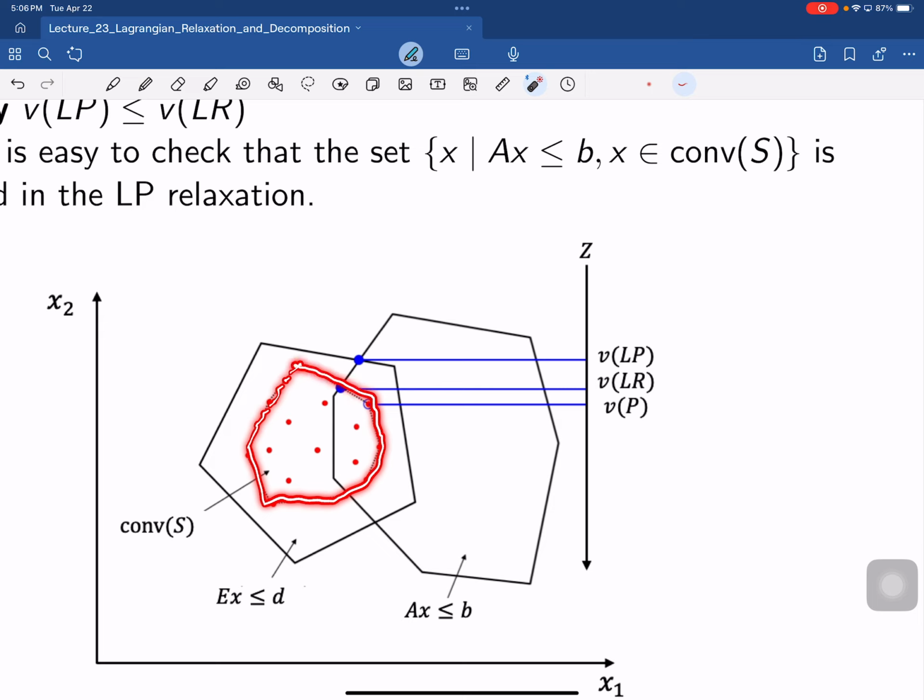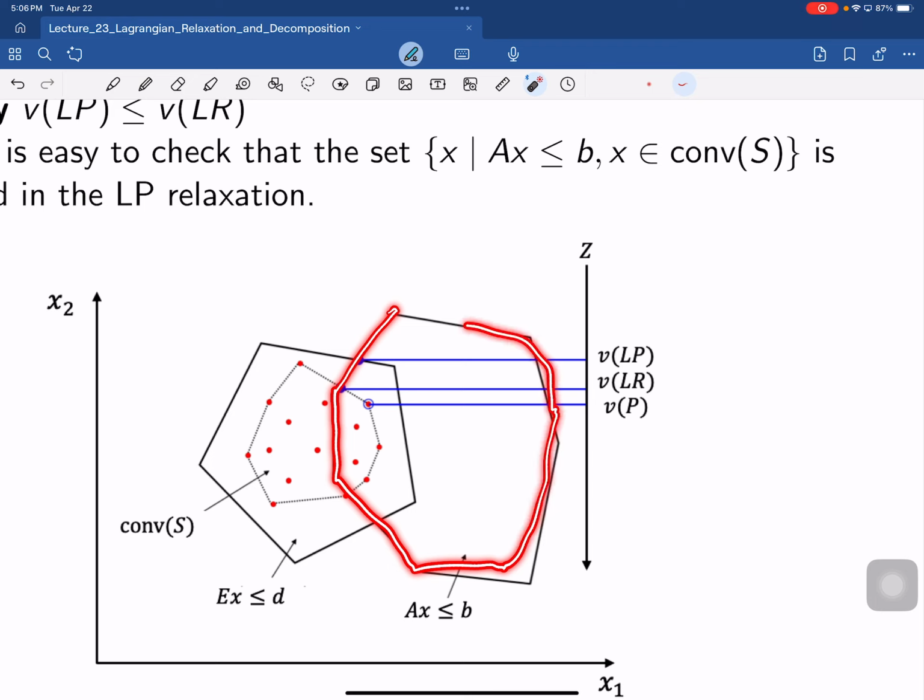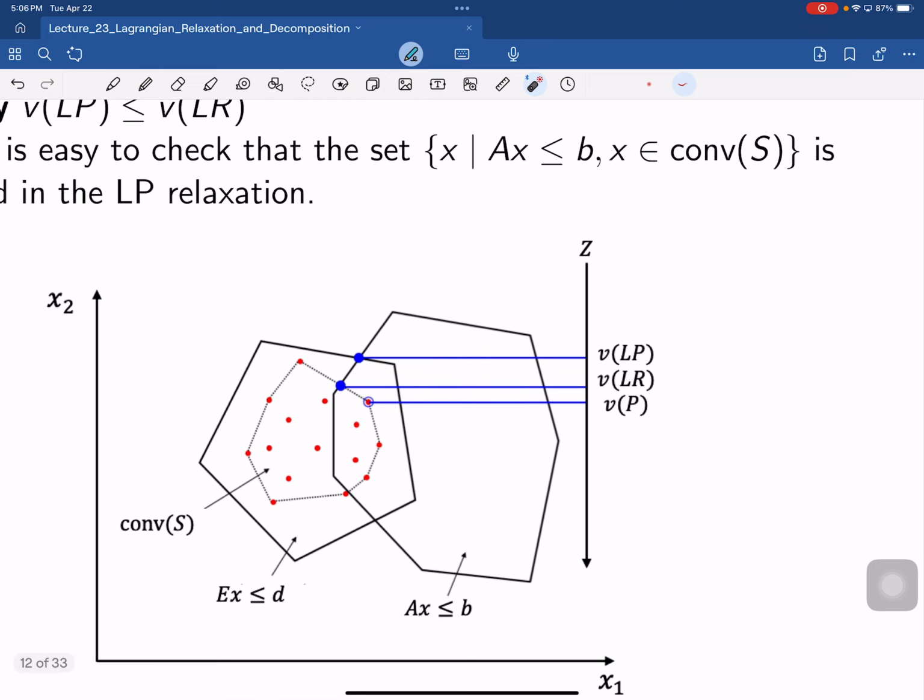Then you intersect this convex hull with the Ax less than or equal to b you dualized. What this intersection gives you is this particular region here. So the Lagrangian relaxation's feasible region is this region, and the optimal solution is this point here.